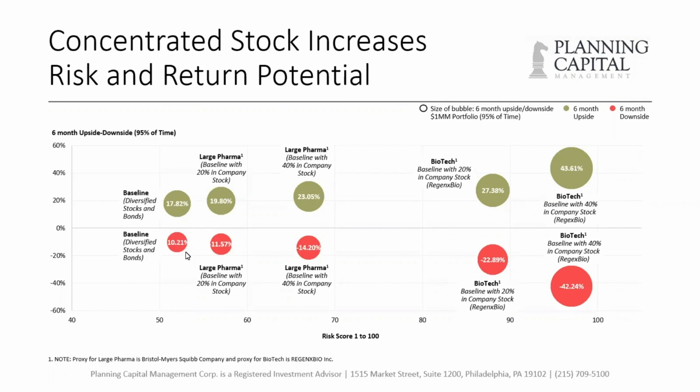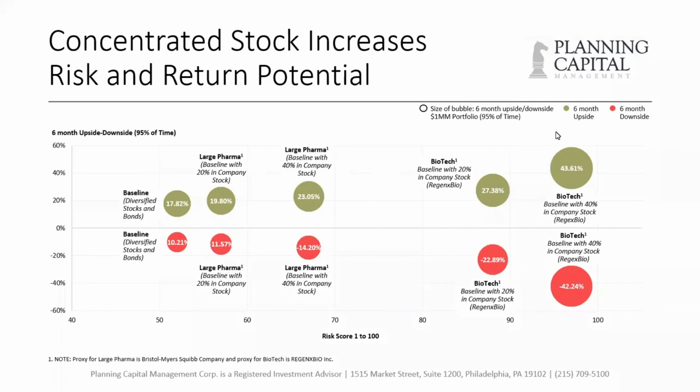Then we've taken this baseline that has no individual company stock exposure, and we've built in here a 20% position in a large pharma stock. The third set of bubbles is a 40% position in a large pharma.